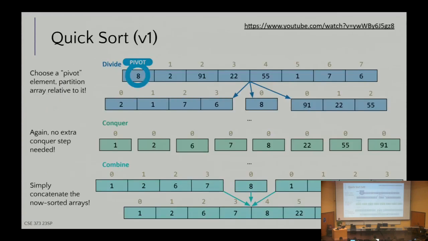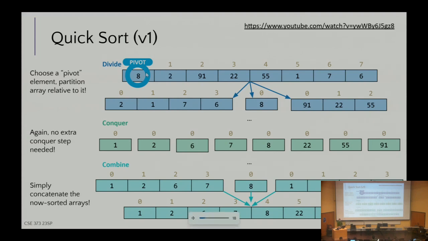So, quicksort. The first thing it does is look at your collection and pick something called a pivot. And then it is going to split the rest of your numbers into items before the pivot and items after the pivot.